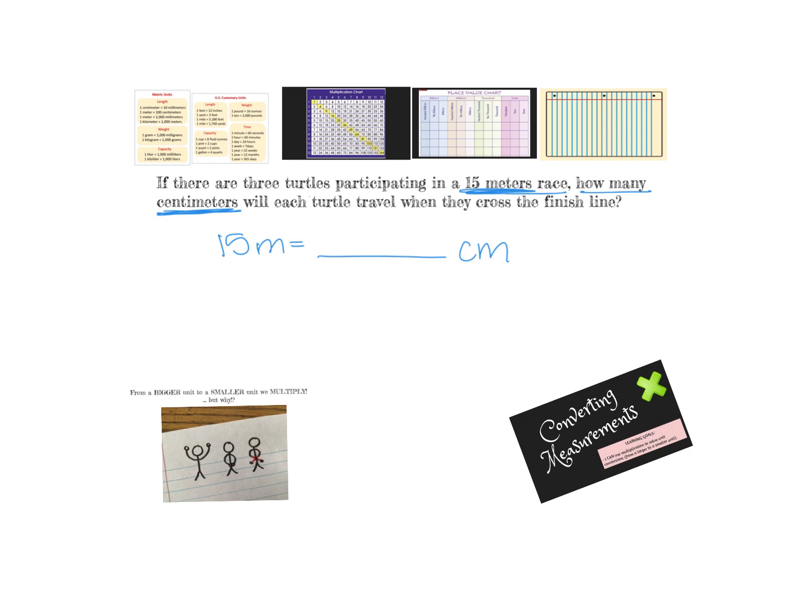Taking a look at my unit conversion chart, I can see that each meter equals 100 centimeters, which means that for each meter they travel, they will be traveling 100 centimeters, or 15 equal groups of 100. 15 times 100.